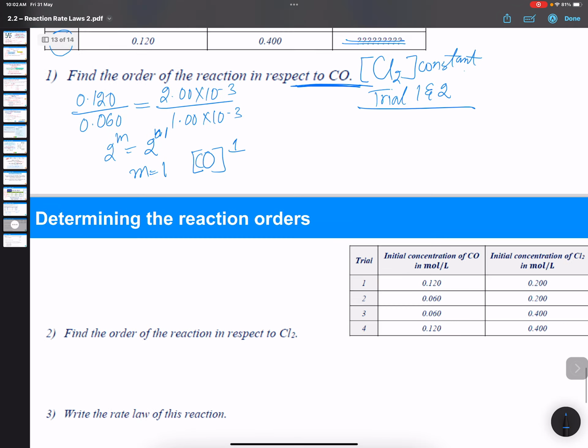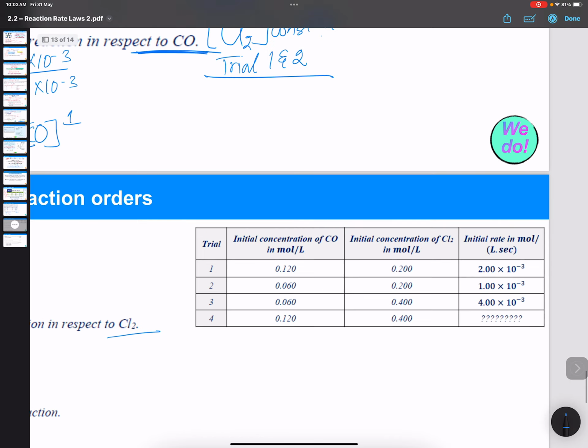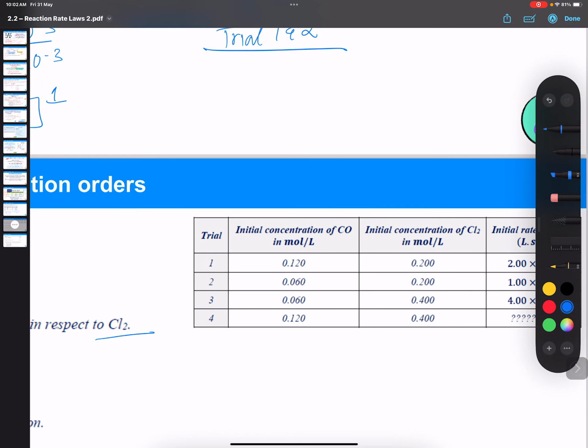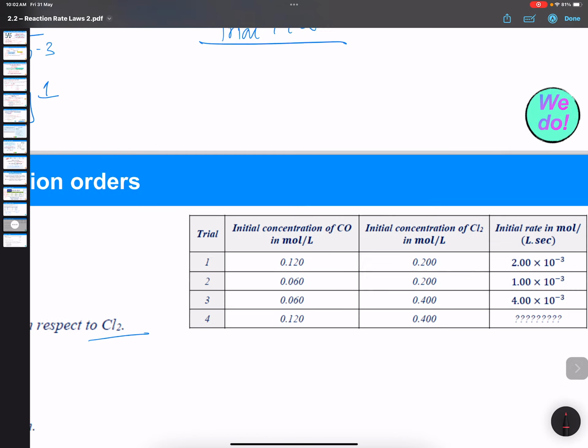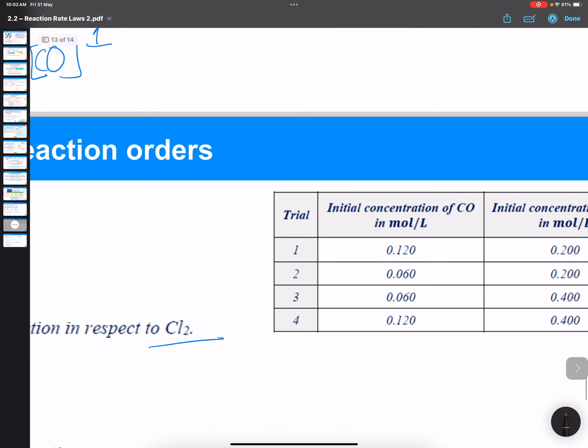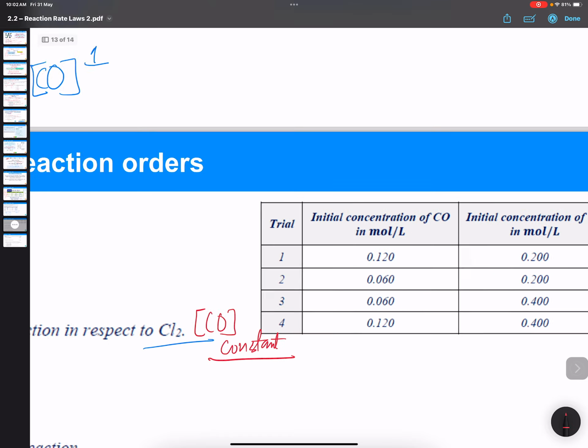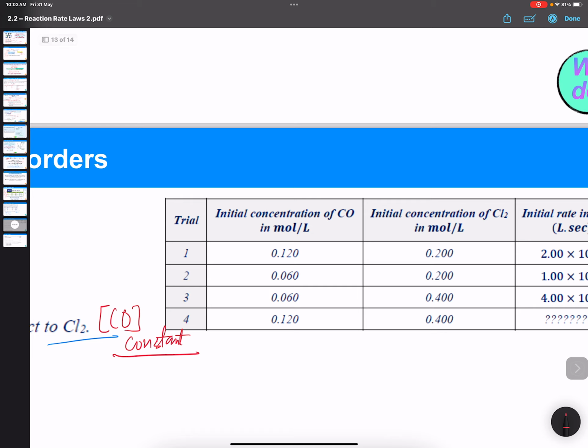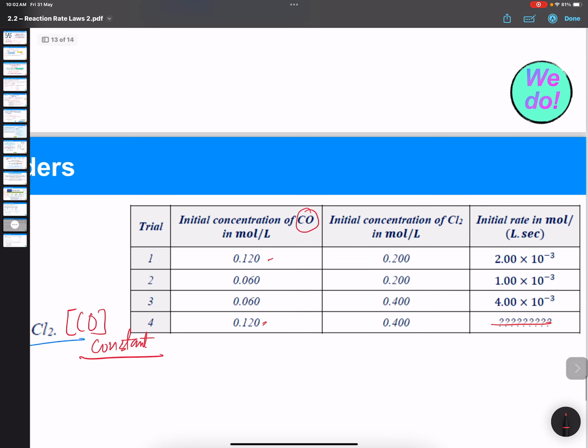Next, the order with respect to Cl2. Here you go. For Cl2, CO should be constant. So you have to see where CO is constant. CO is constant here and here. As I told you, you can't choose this trial because we have the rate missing.